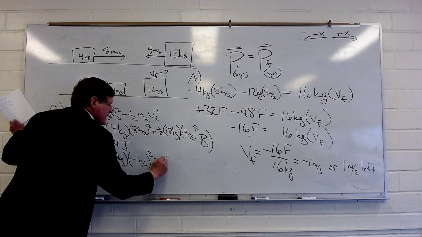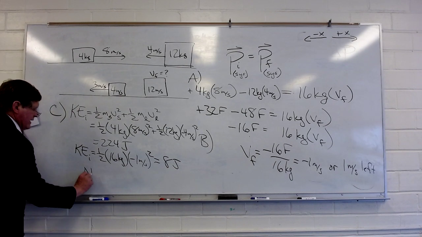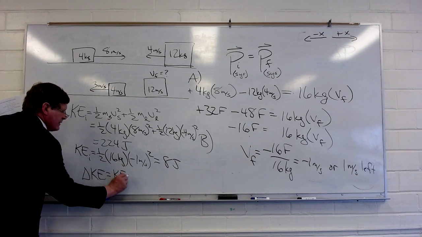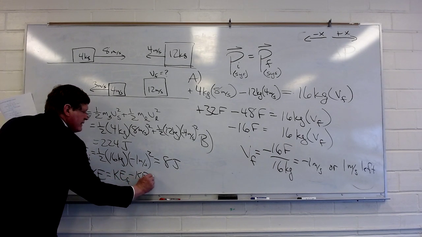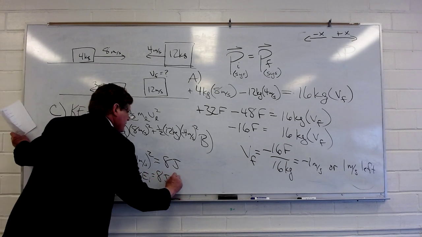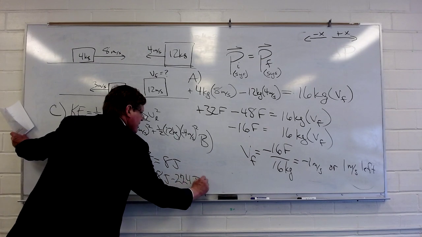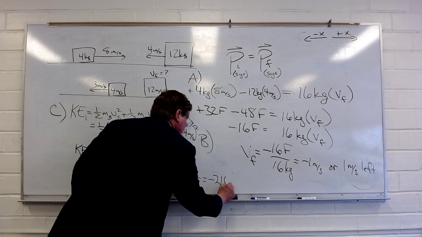And that's going to give me 8 joules. Now the change in kinetic energy is going to be the final kinetic energy minus the initial kinetic energy. Well, that's going to be 8 joules minus 224 joules, and that's going to be a negative 216 joules.